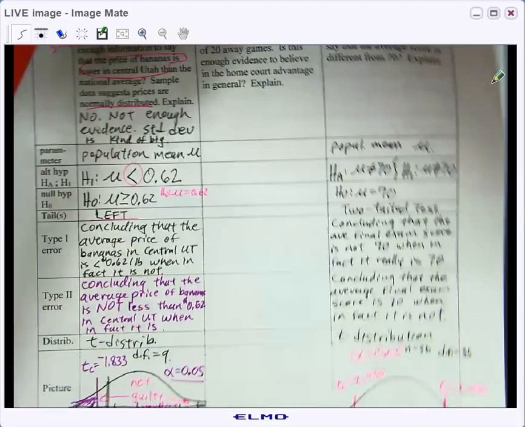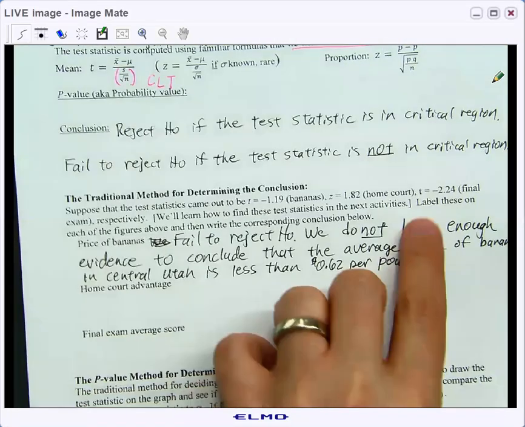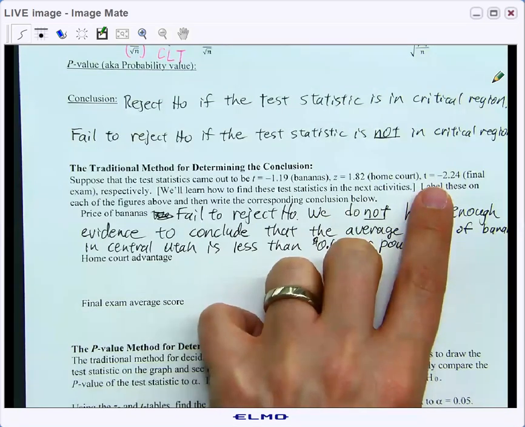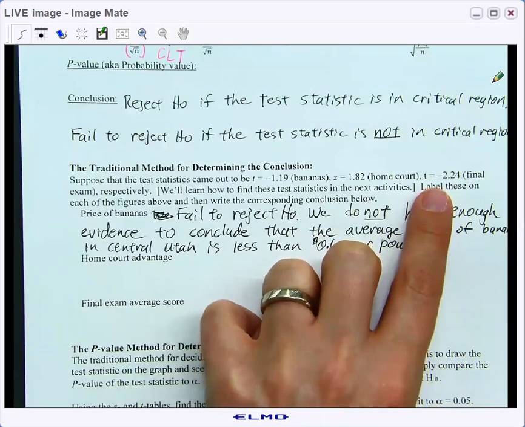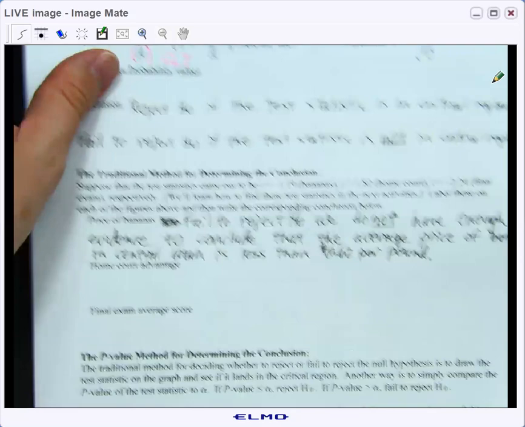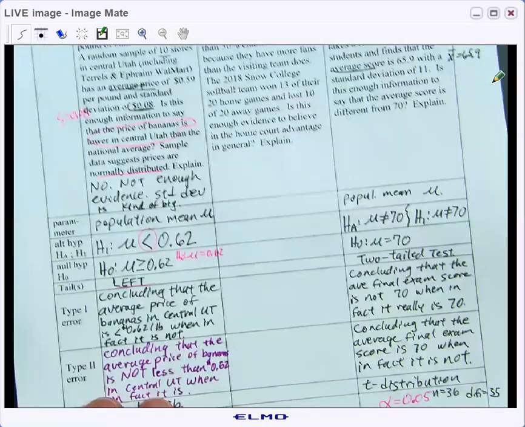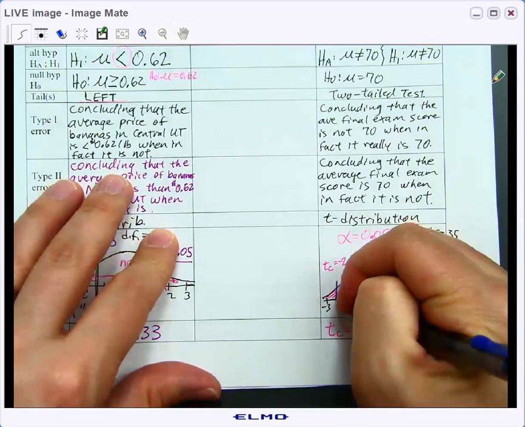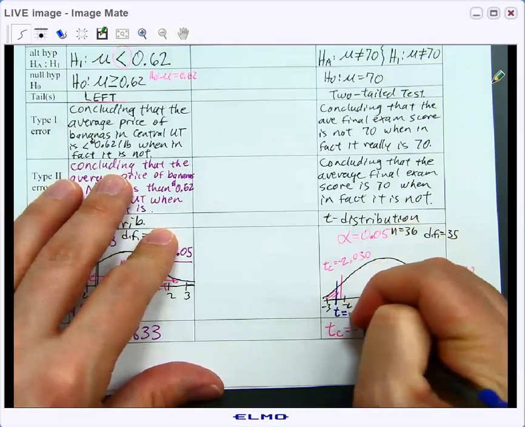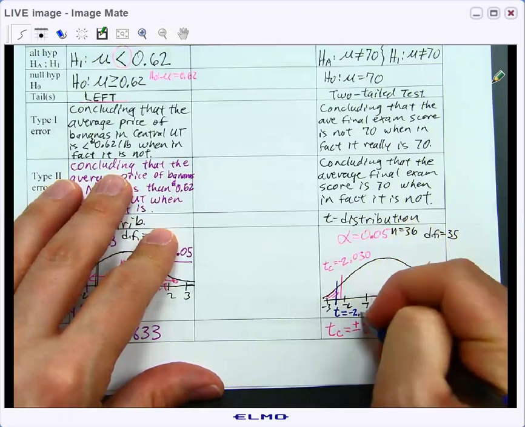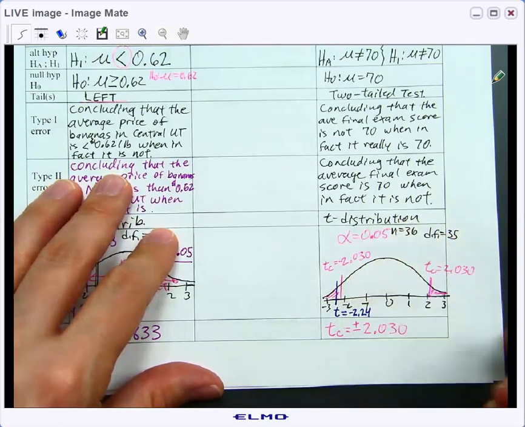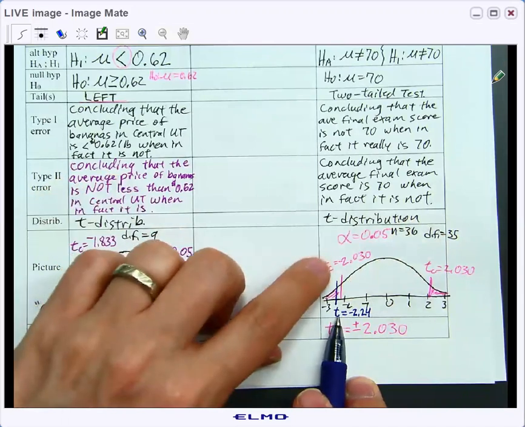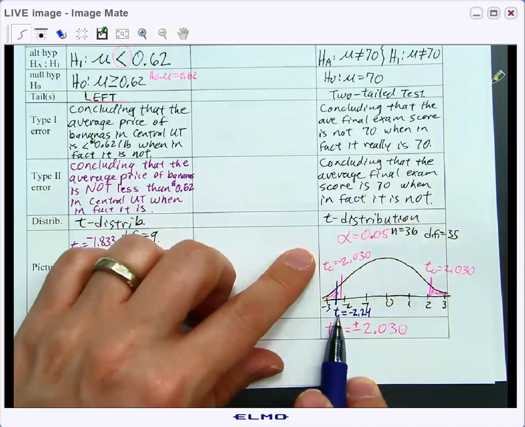So let's go ahead and look at this. What if I tell you that the test statistic was negative 2.24 for the final exam problem? If we graph that on our picture, negative 2.24, notice that I'm using a t without a subscript c, because that's going to tell me this is the test statistic as opposed to the dividing line critical value.